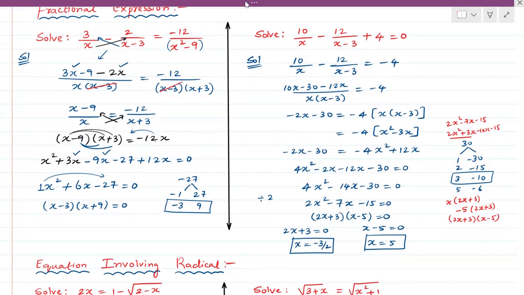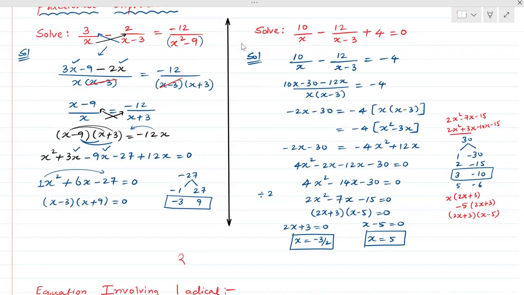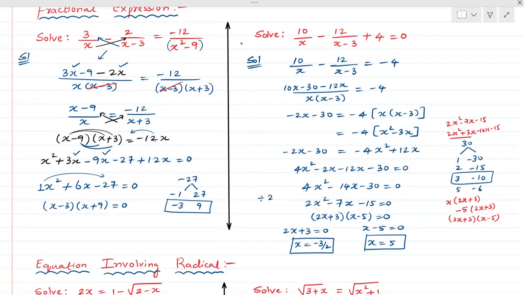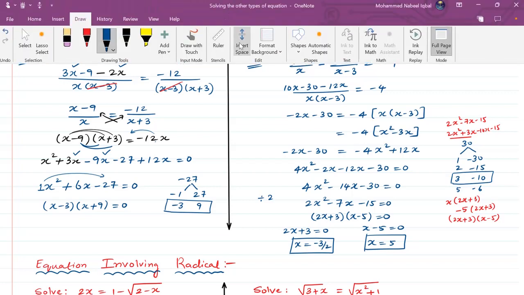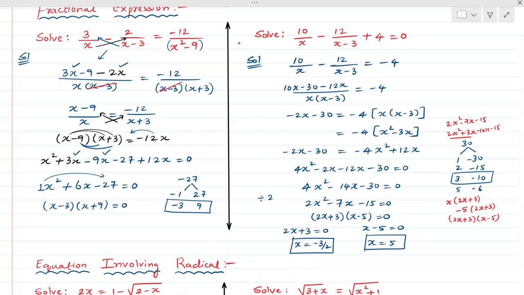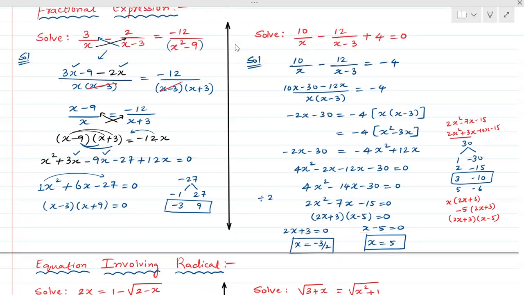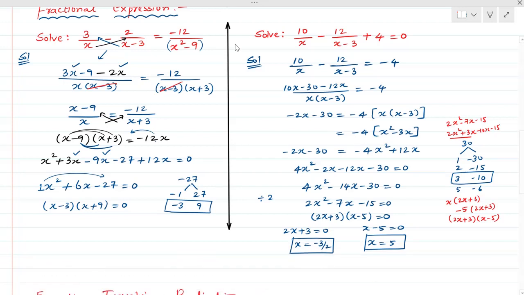Now if you solve this part, what are the things you will get? x minus 3 is equal to 0, x plus 9 is equal to 0. x is equal to 3, x is equal to minus 9.